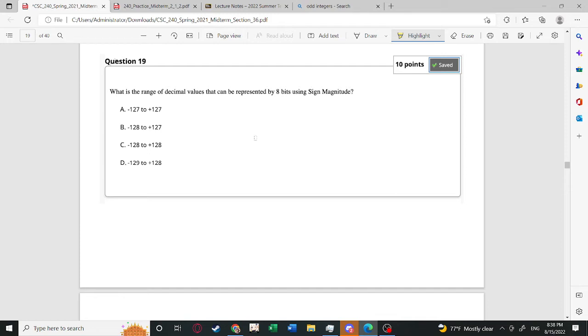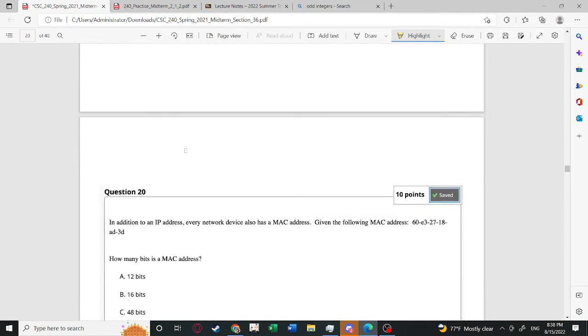I feel like that would just be C, wouldn't it? I mean, no. Oh yeah, B, because this one has 0 right in front of it. This first digit is 1, so it's a negative number. Here you go.